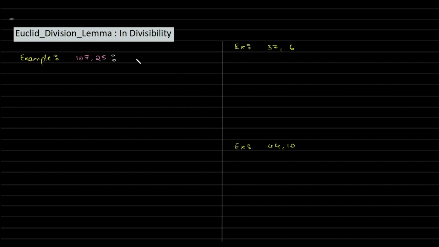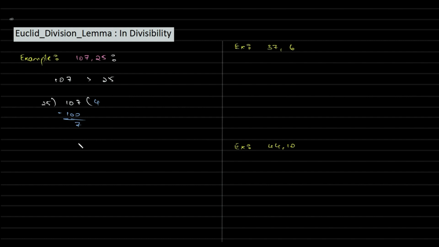So let's start off with looking at 107 and 25. As 107 is greater than 25, I can always rewrite these two numbers as the following. First I'll divide. So this goes by 4 and then the remainder is 7.